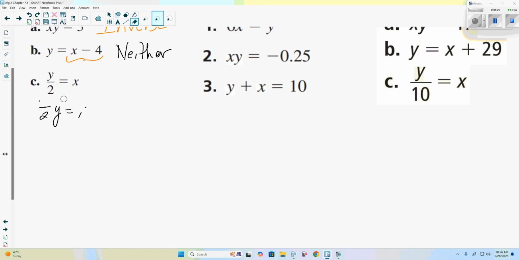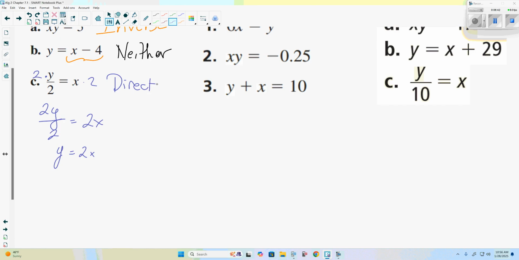Another way we can look at this is I can get y by itself. And to do that, I'm going to multiply both sides by 2. Because on the left-hand side, we'd have 2y over 2 is equal to 2x. Well, our 2y divided by 2 is y equals 2 times x, 2x, which is still direct.